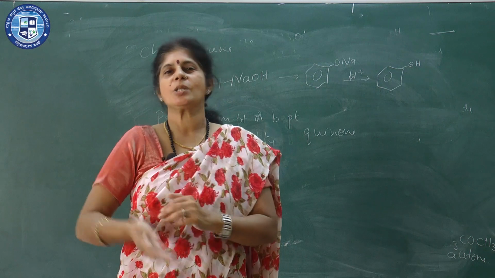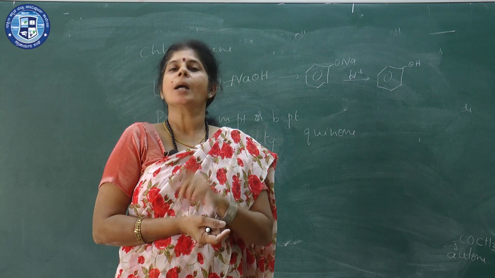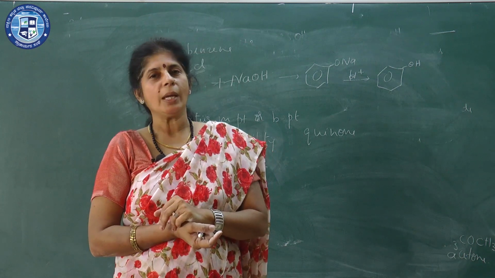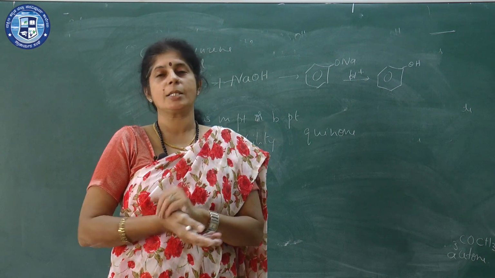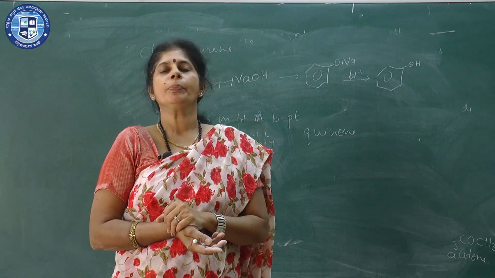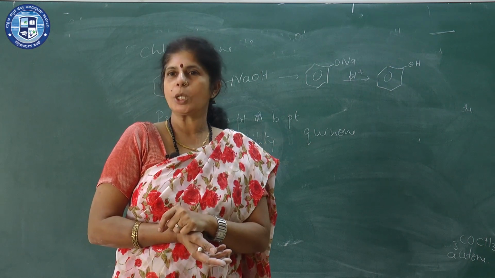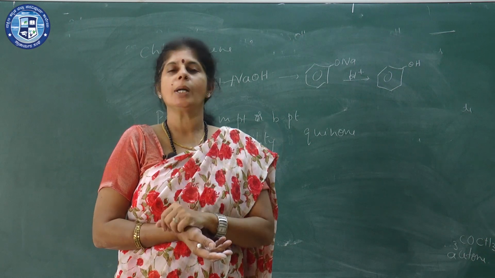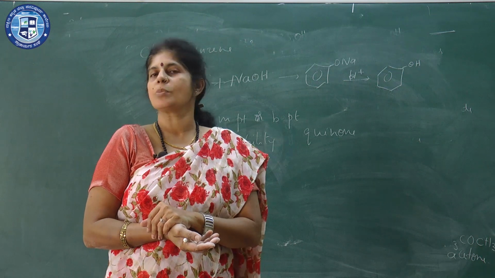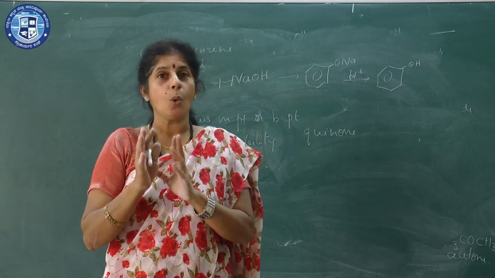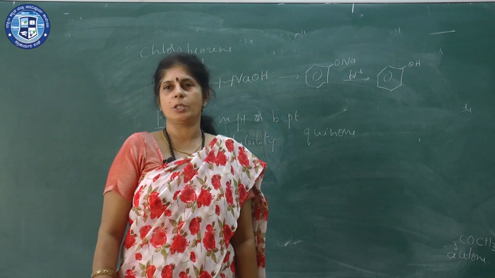So the longer you expose phenol to atmospheric air, the deeper the color. In the beginning, when you use a fresh bottle, it has no color, it is like a watery liquid. When exposure starts, it gets a tinge of brownish or reddish brown color. Slowly, as you use it more and more times, the color becomes darker and darker. The reason is only the oxidation of phenol by atmospheric oxygen, right?